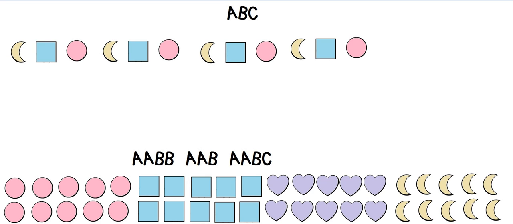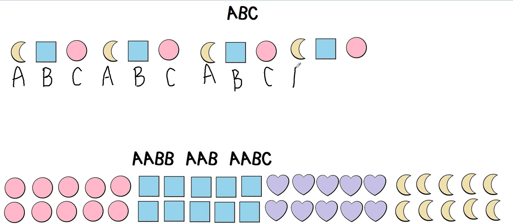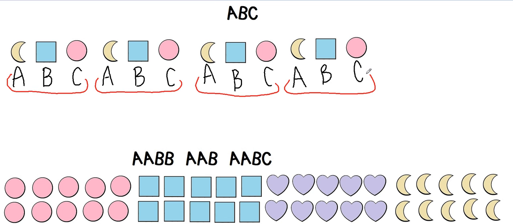And if I were to label these, what three letters would I label them with? A, B, C. A, B, C. A, B, C. A, B, C. And if I showed you, there is my ABC happening over and over again.